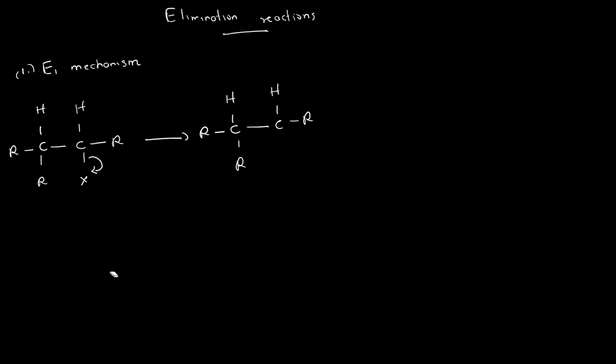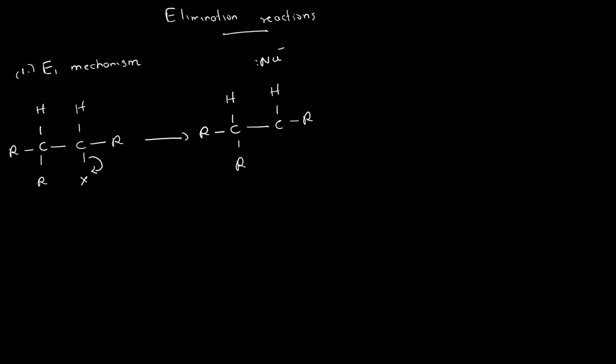Now you have a nucleophile, or mostly in these elimination reactions we call this nucleophile a base, as I have introduced before. The nucleophile and the base, in most cases, act the same.